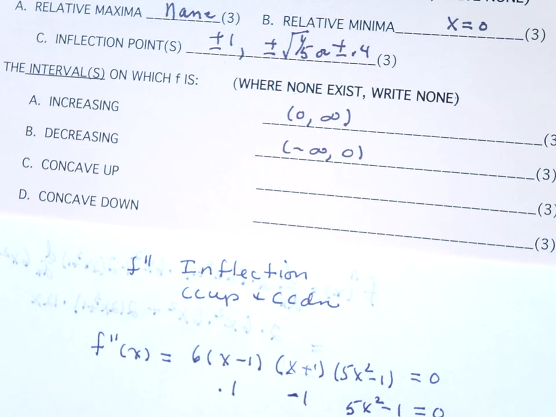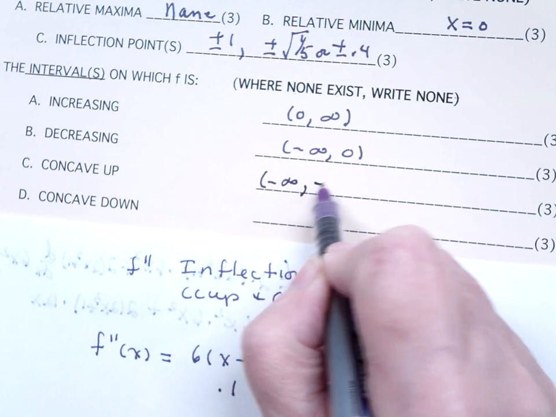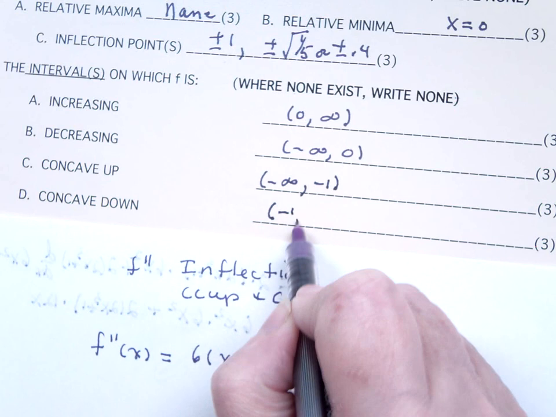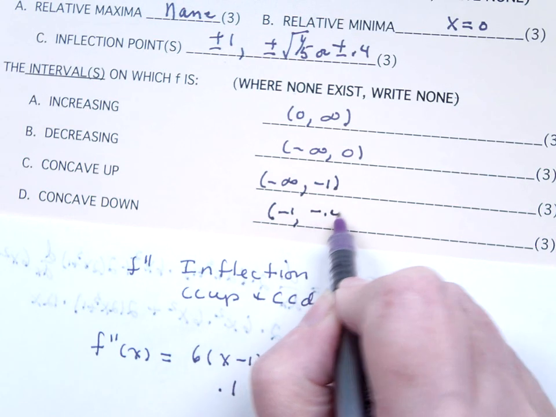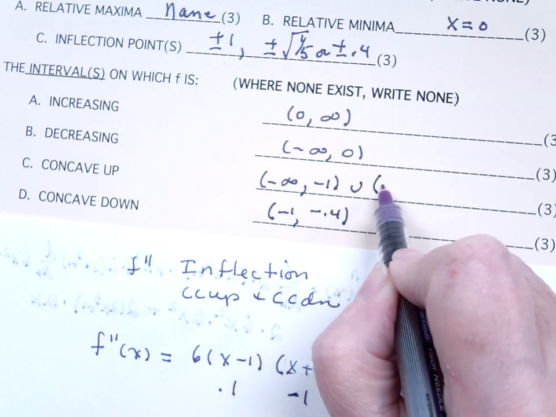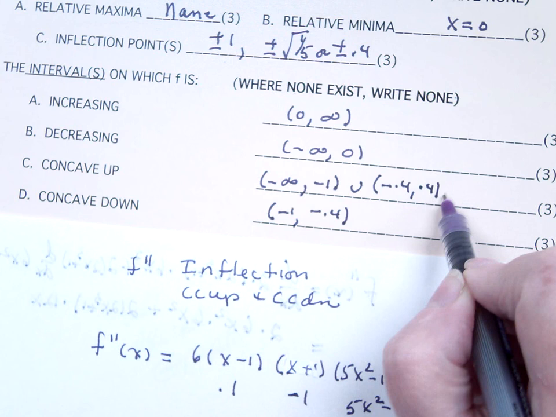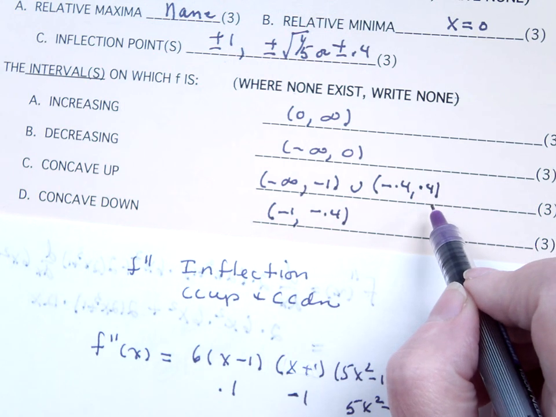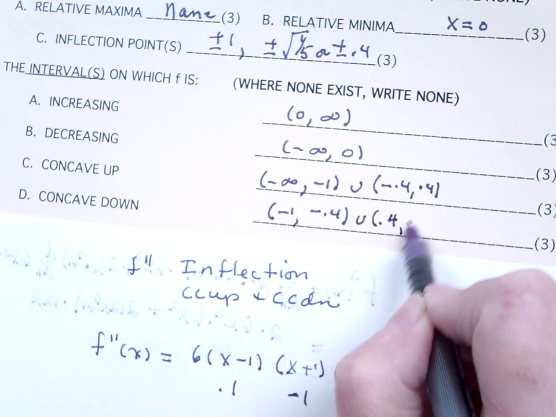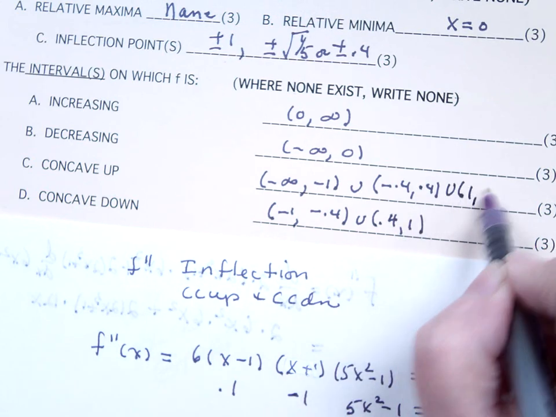Concave up from minus infinity to negative 1, then turns concave down from negative 1 to negative 0.4, then moves concave up from negative 0.4 to 0.4, then concave down again from 0.4 to 1, and then concave up again from 1 to infinity.